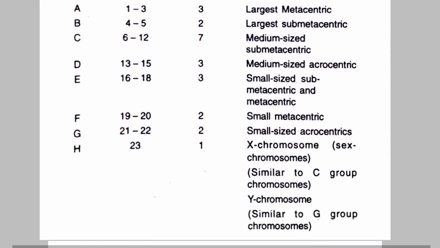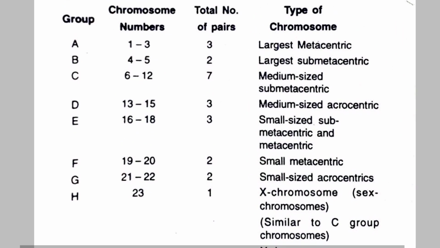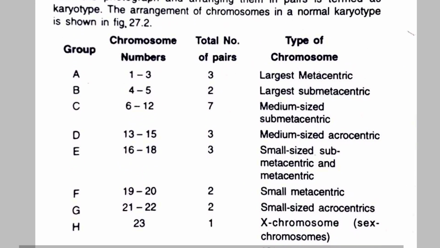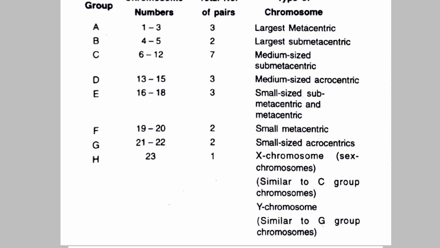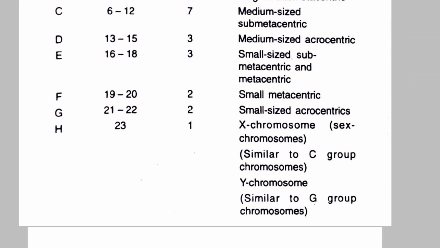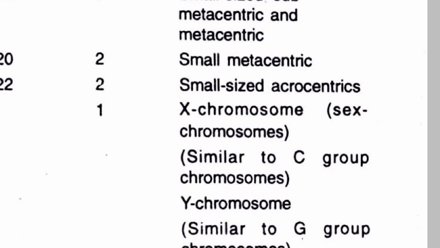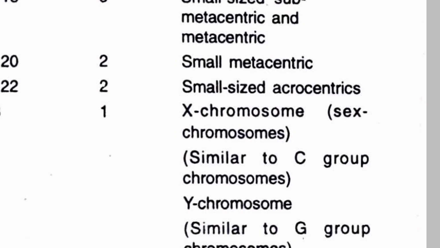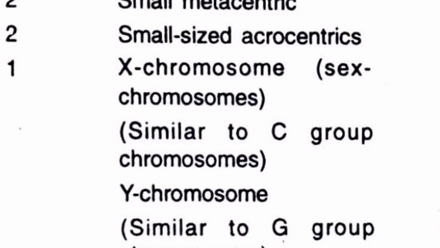Okay, and now you note that the last pair, group here, for example, group H, this one, the 23rd pair. And what is written in female? As we know, there are two X chromosomes, and this X chromosome, they belong to C group.